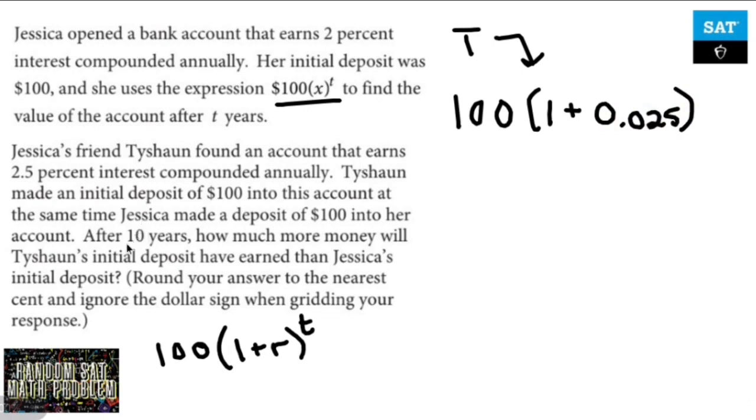Is it 5th power? No, it's taken to the 10th power because we're talking about 10 years. So if you did a little bit of math, 100 times 1 plus 0.025 is going to be 1.025 to the 10th power.